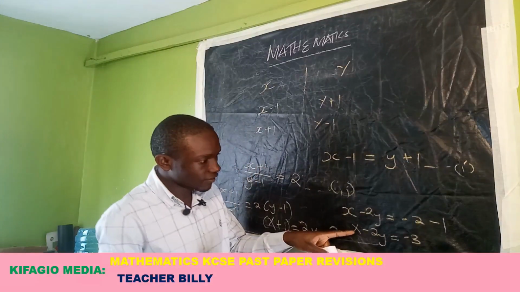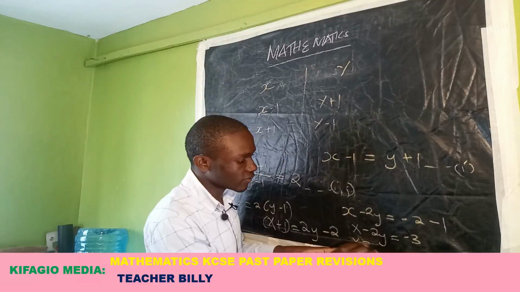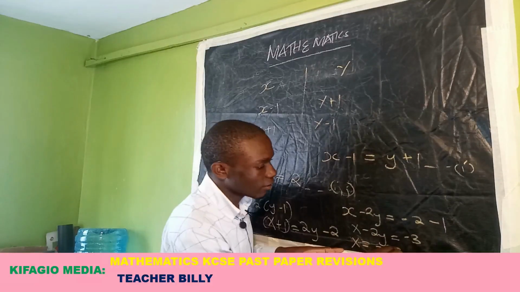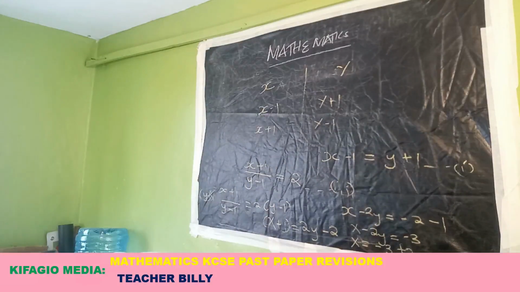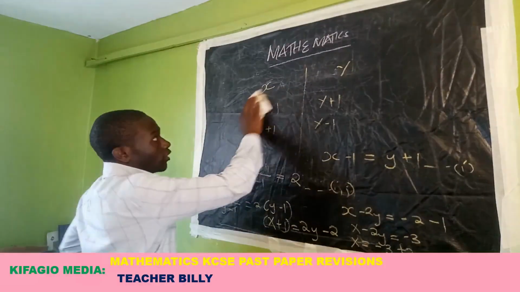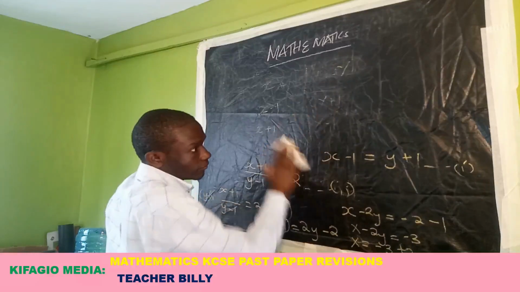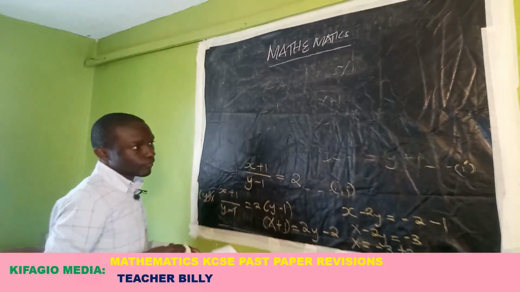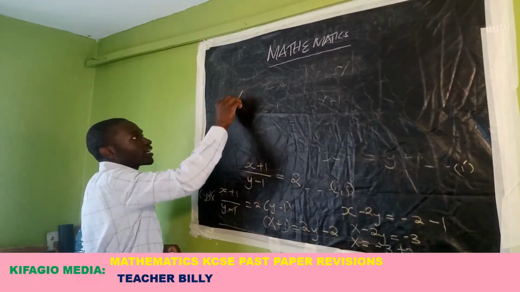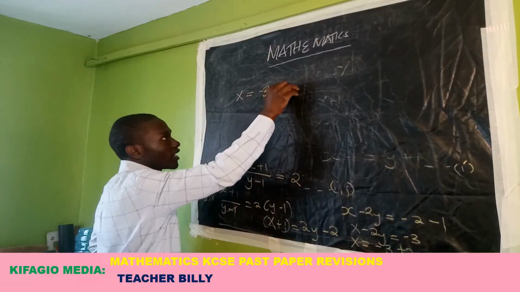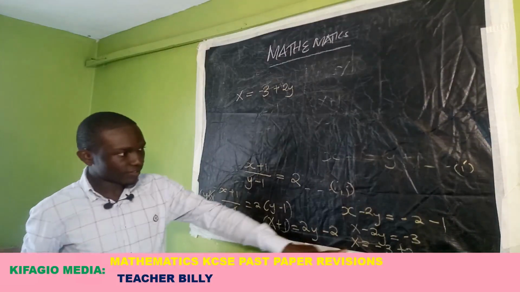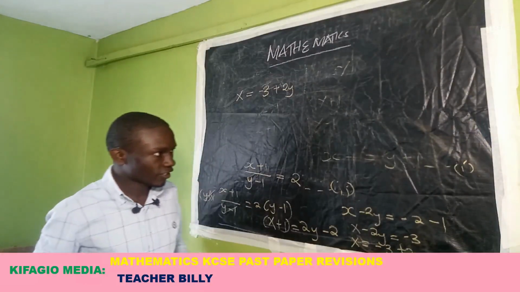Then if I want to make X the subject, I will have X is equal to minus 3 plus 2Y. We have made X the subject in our second equation.